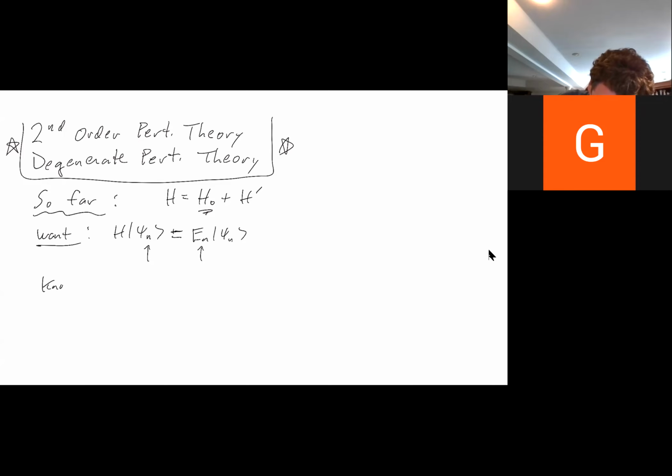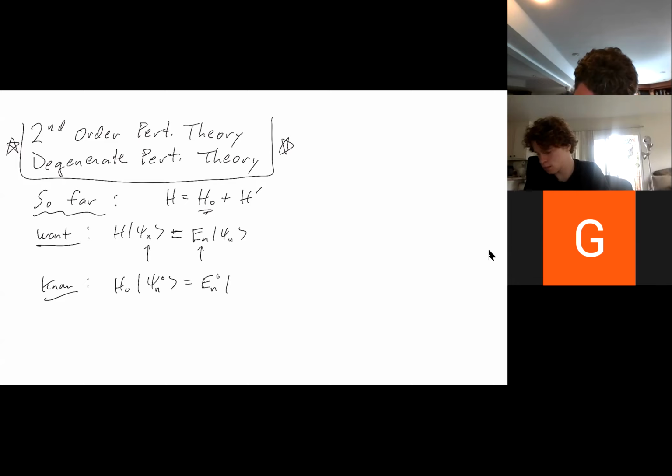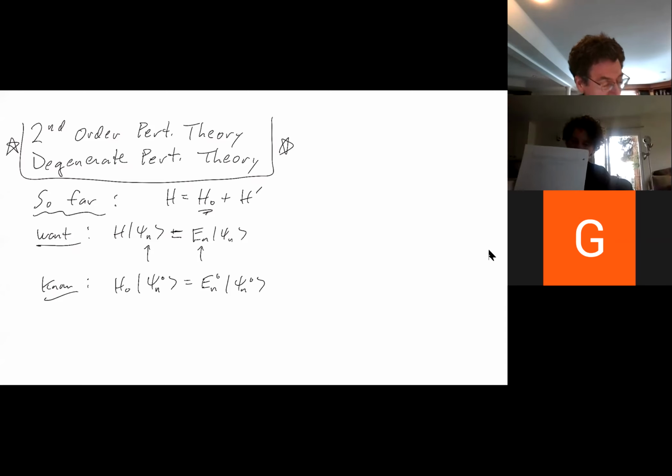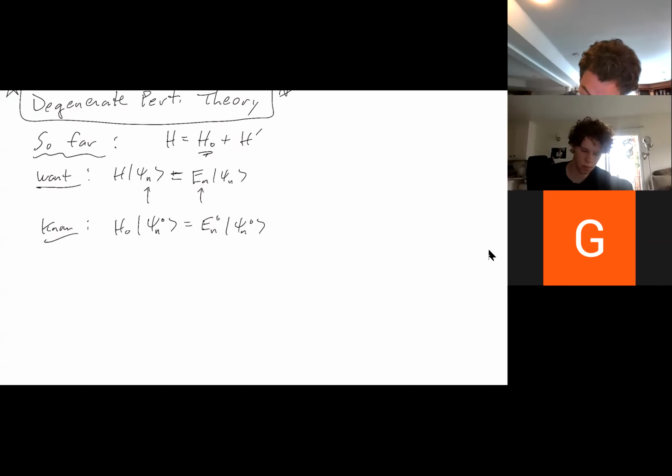And what we know is we have the unperturbed Hamiltonian and the unperturbed eigenstates. Okay, so that's what we know.